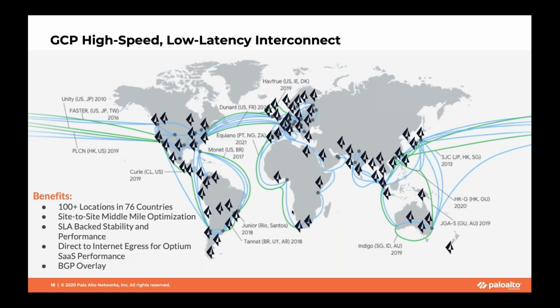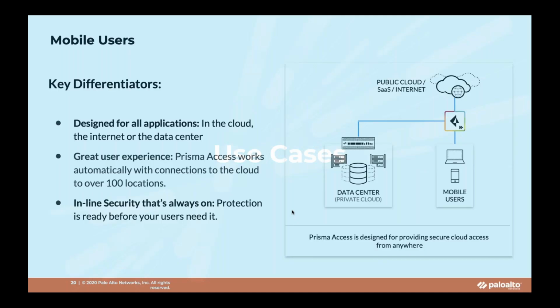So to go back to the use cases for mobile users, what are the key differentiators? If we compare it, for example, to other solutions from competitors, these are often web proxies in the cloud.